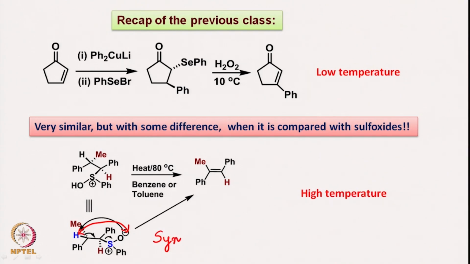Now this particular sulfoxide elimination takes place at a relatively high temperature, as you can see here, approximately 80 degrees, which is the boiling point of benzene. So the difference between the two of them is the temperature, and therefore many a times selenoxide is preferred over sulfoxide eliminations. At the same time, we would also look at the Pummerer rearrangement and also combine the two in the next slide.